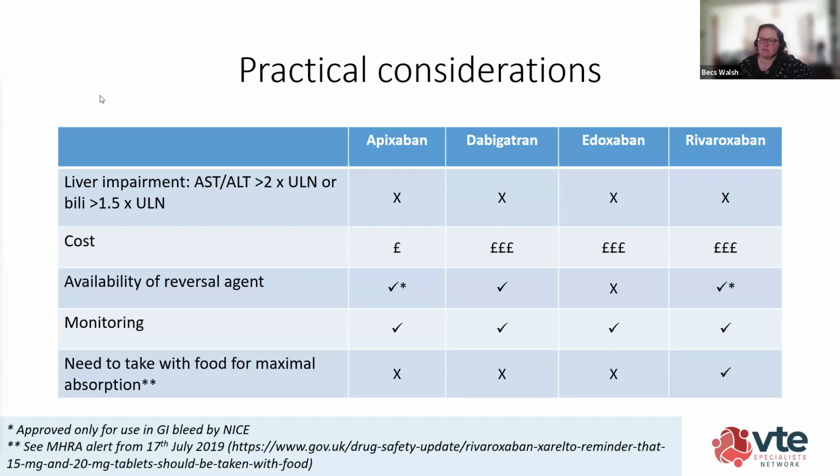There is a reversal agent available for apixaban and rivaroxaban in England and Wales. NICE have considered its use and recommended it, but only for GI bleeds. In Scotland, SIGN have said something slightly different.